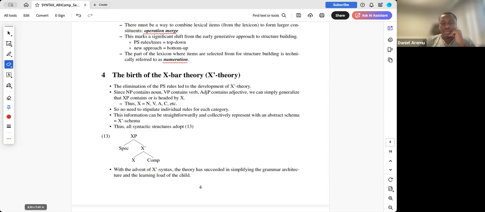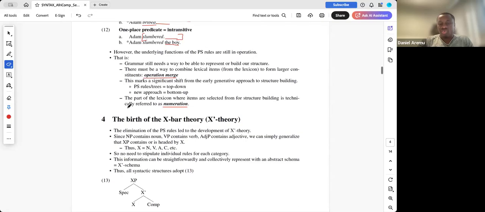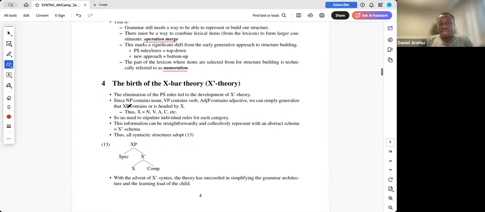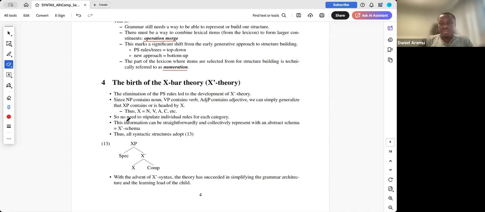All right. Now, all that we've been saying, we now want to begin to look at the different ways of representing the structures, and that is one of the aims of the generative approach, to be able to represent.